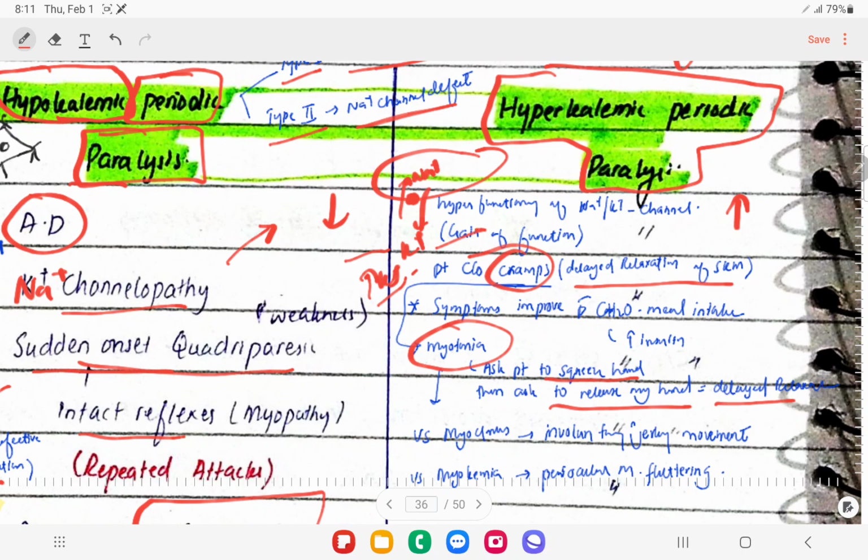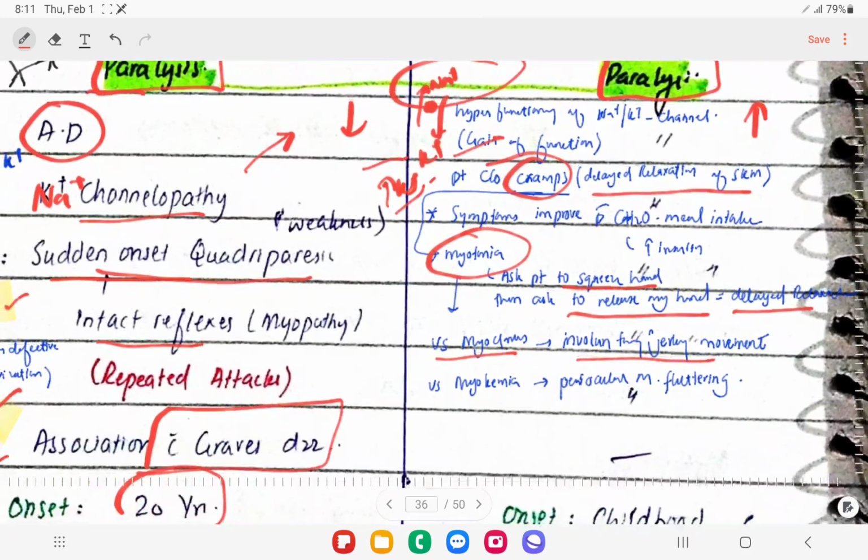We differentiate it from myoclonus, that is involuntary jerky movements, which we see in various CNS disorders. There is also a similar name, myokymia, which is periocular muscle fluttering.